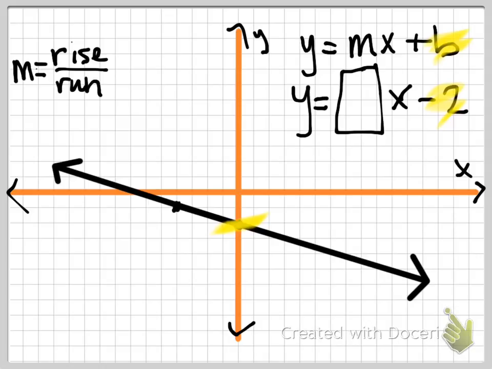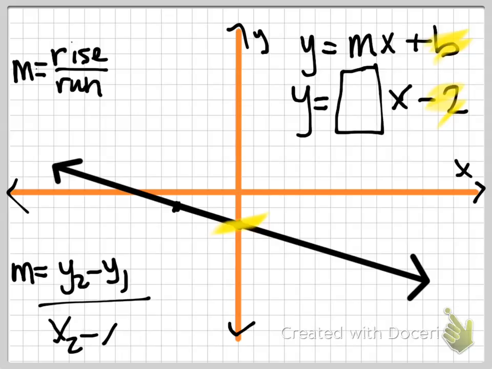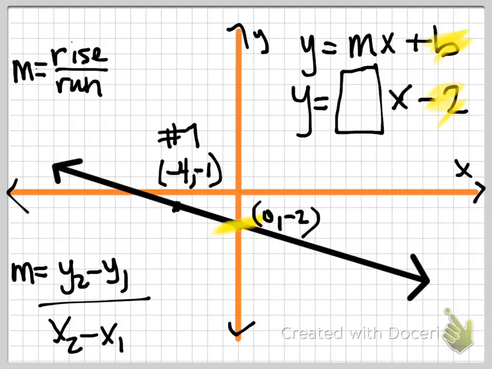And if you don't recall that, you can always use the equation y2 minus y1 over x2 minus x1 to figure out the slope, because you have two exact points on this line. So you have a point number 1 and a point number 2. So you could use the equation to find slope and those 2 points.